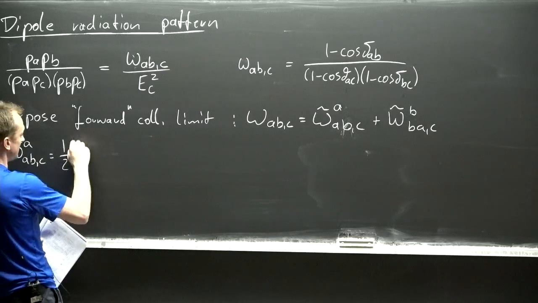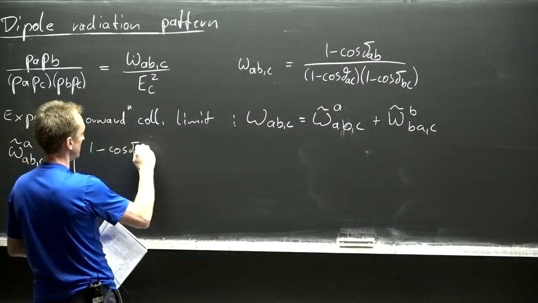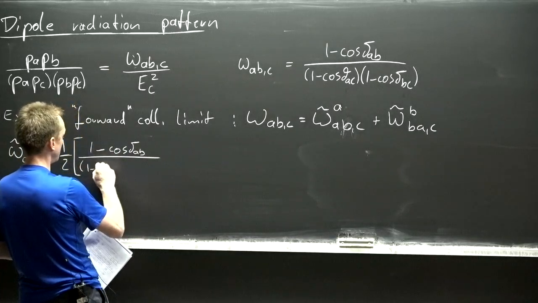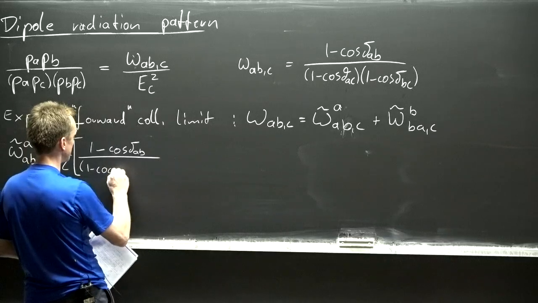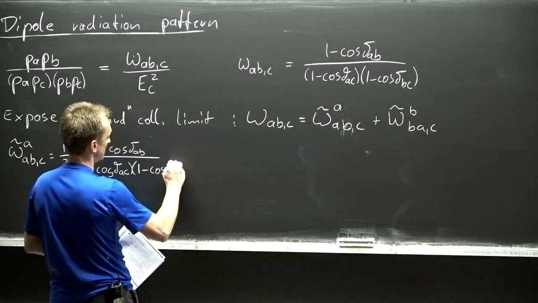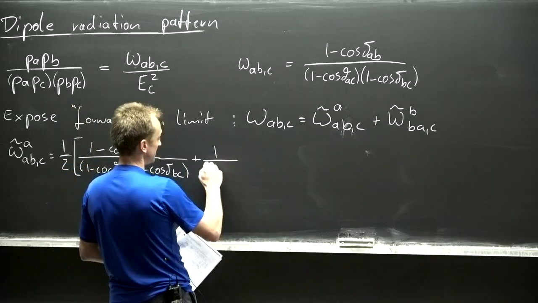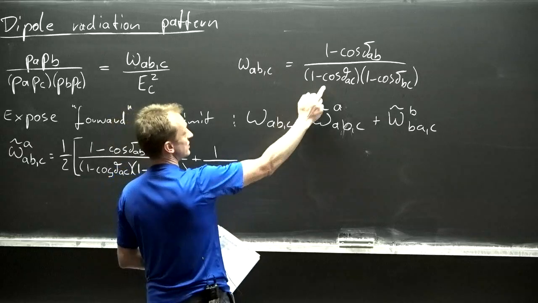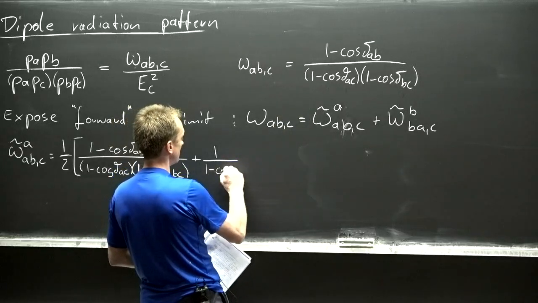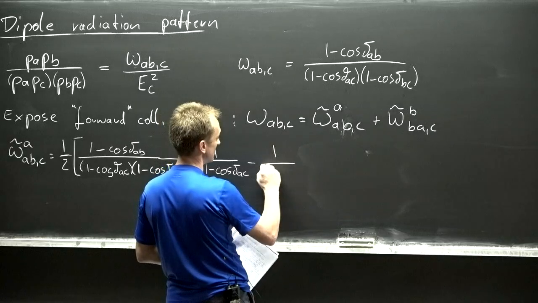In the simplest possible way, I'm saying, okay, I take half of the original. This is 1 minus cos theta_AB over 1 minus cos theta_AC, 1 minus cos theta_BC. And I add the structure of the collinear propagator in terms of the angles in the forward direction, and I subtract this in the backward direction.